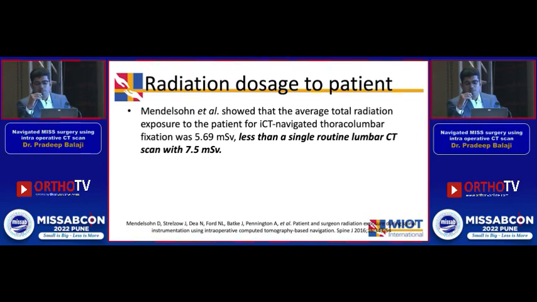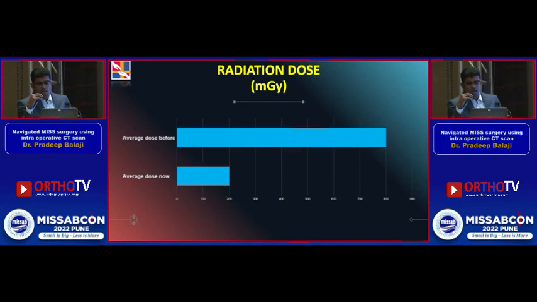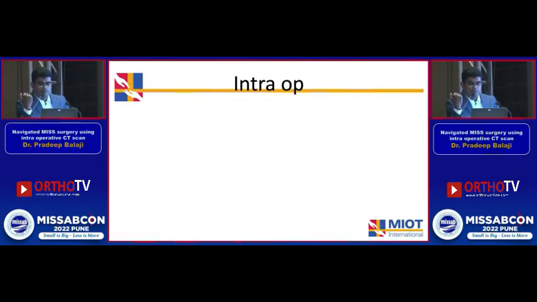We can comfortably do 2 CTs within the dose of a conventional thoracolumbar CT. Radiation to the operating team is also significantly reduced because we need not be inside while taking the CT, and it is less when compared to conventional fluoroscopy.